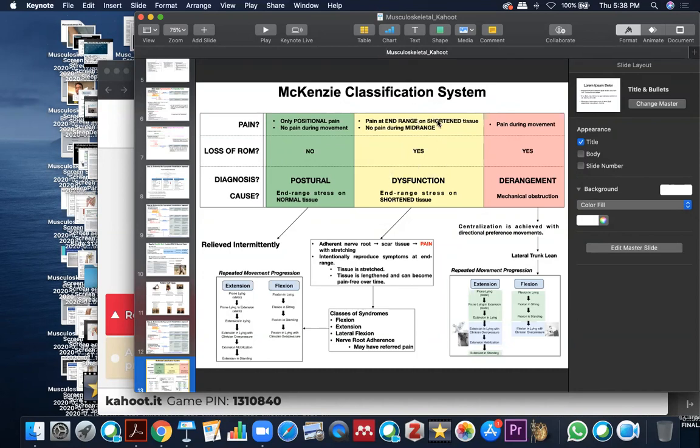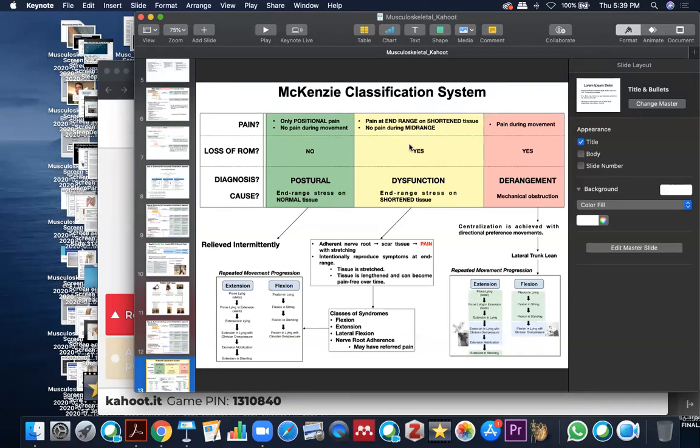In that case, they have some kind of shortened tissue that's permanently been made like that, limiting their spinal extension. This is one of the cases where you go to that repeated movement progression and do the movement in the direction that's limited. So according to the McKenzie system, if you have limited extension, then that's the movement you would do.